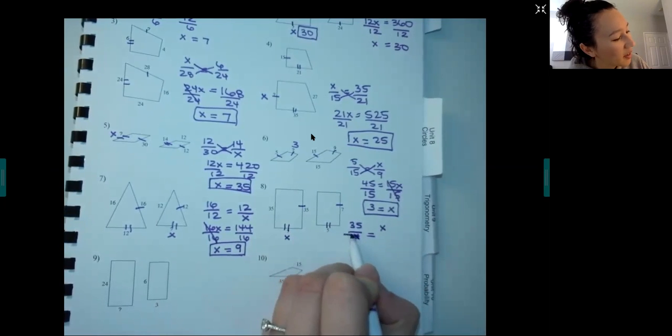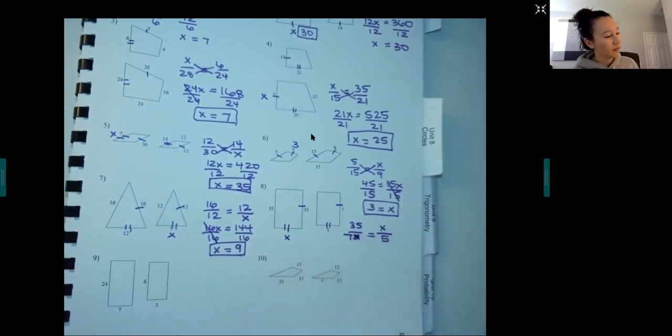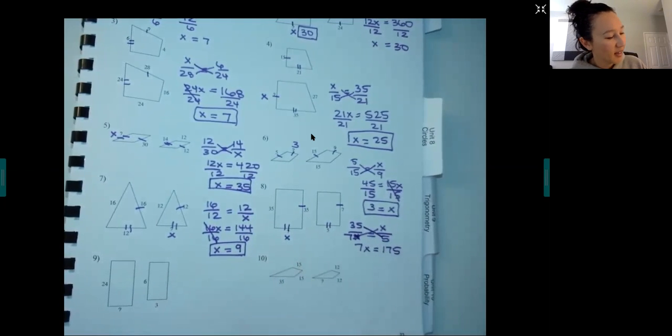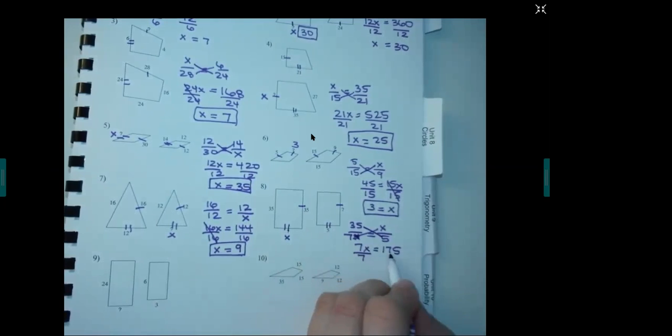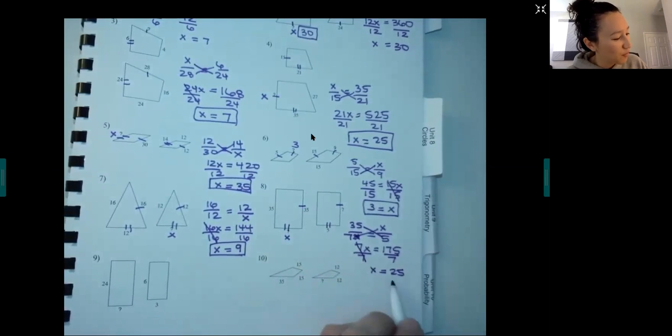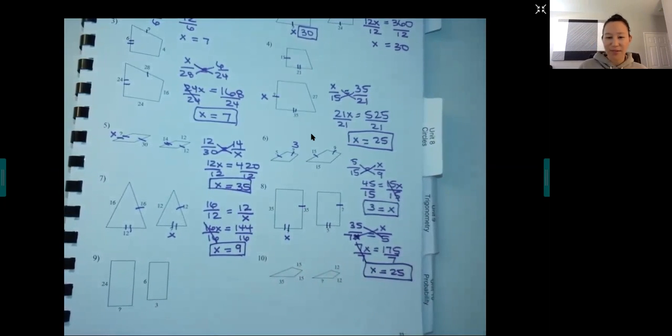Very good. So then I got 7x equals 175. Excellent. Then I divided them by 7, which got me x equals 25. Wow, very good. Excellent. Thank you, Rick.